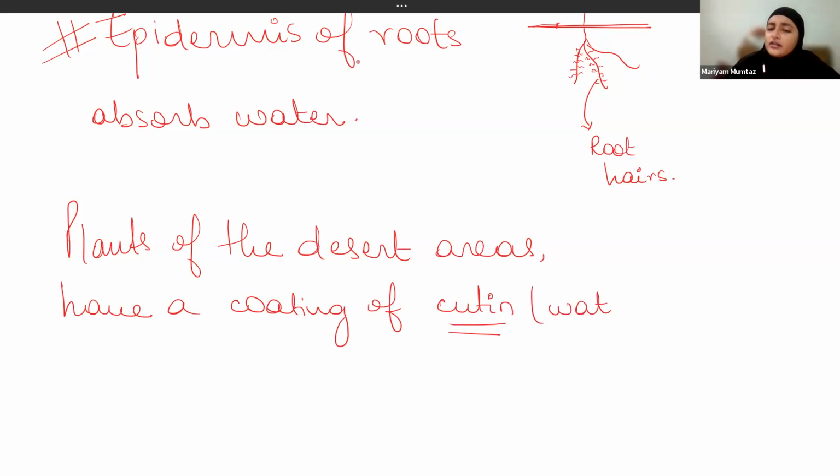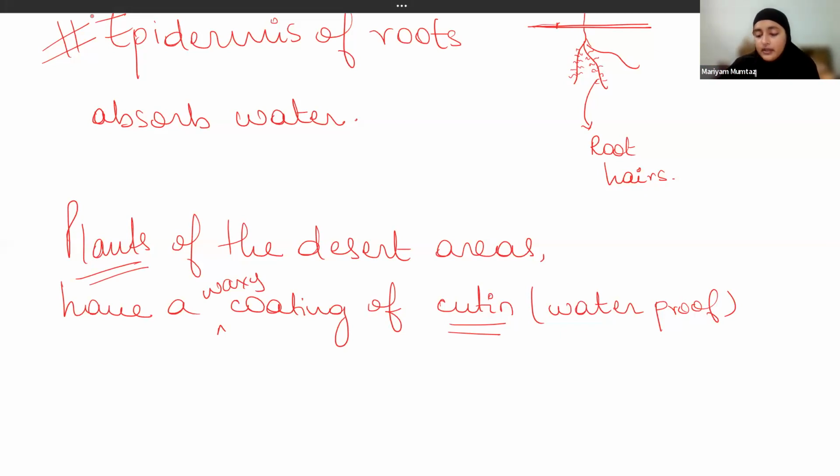Wherever a wax-like coating is there, it will be waterproof, so that no water loss can take place from these plants. And in the case of desert areas, there is so little water, isn't it?